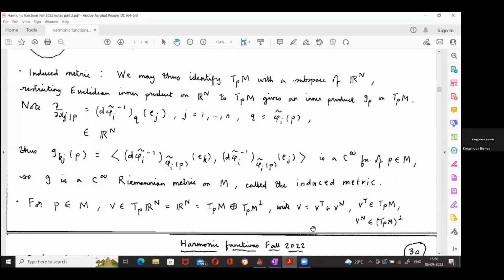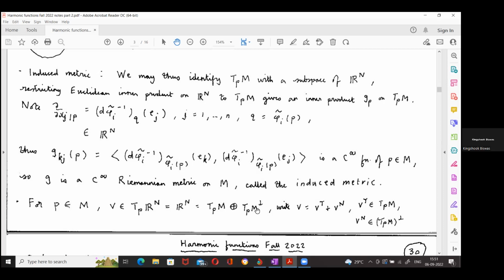Okay. Now I want to come to what shortest curves in a submanifold of Rn with the induced metric are going to look like. First, since TPM is a subspace of Rn, I can decompose R capital N as the direct sum of TPM and its orthogonal complement, right?